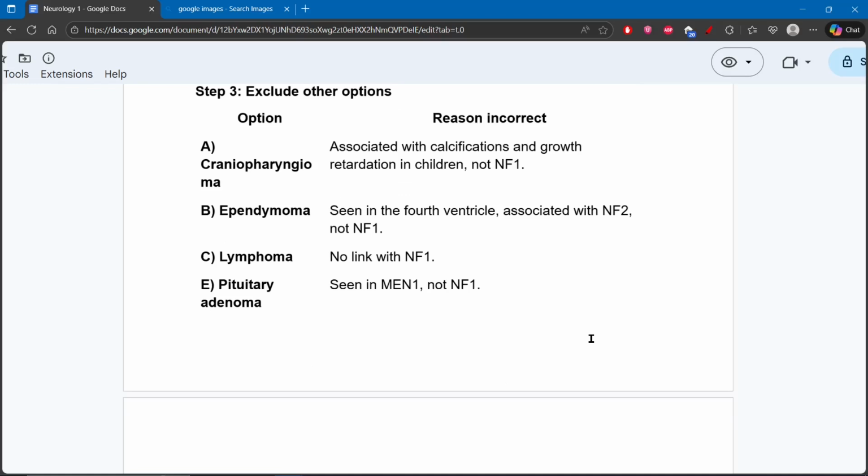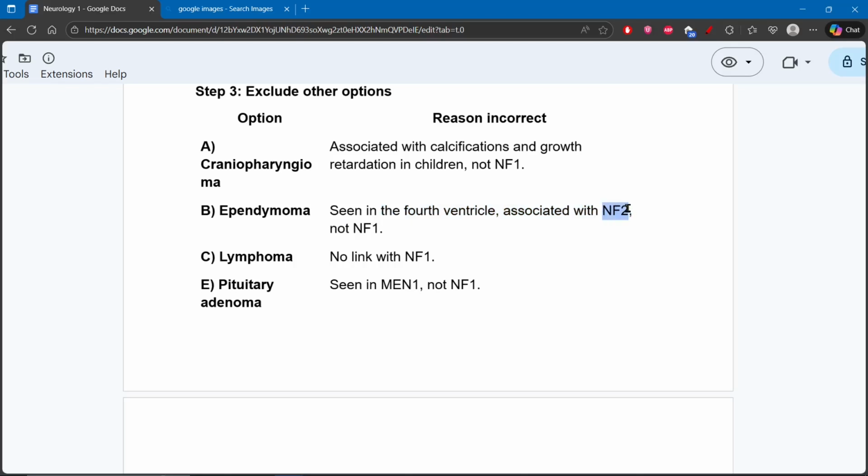Now, the other options are wrong because it cannot be craniopharyngioma, as it is associated with calcification and growth retardation in children. It is a childhood disorder. It cannot be ependymoma because it is seen in the fourth ventricle and it is associated with neurofibromatosis type 2.